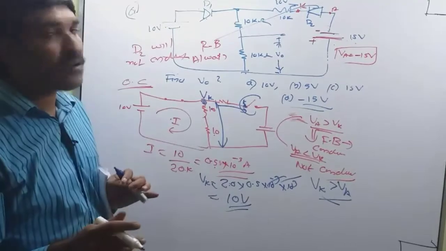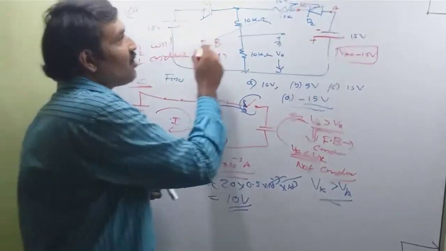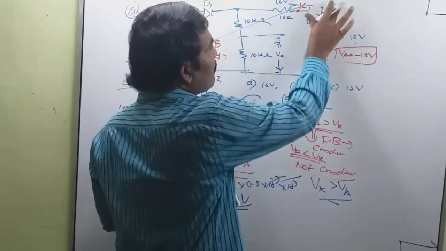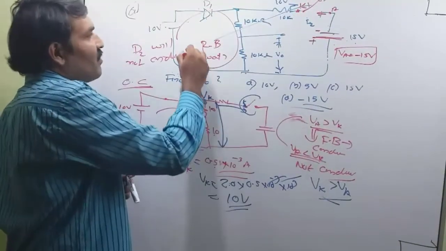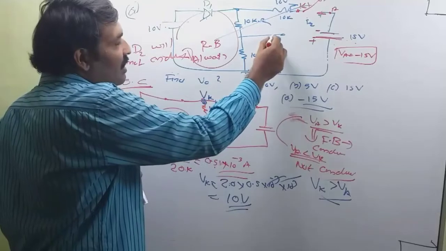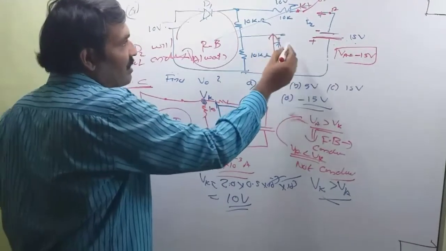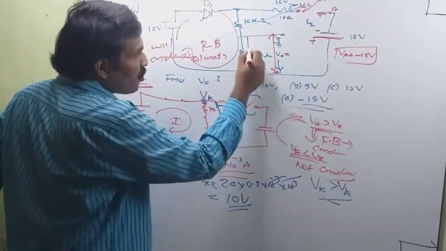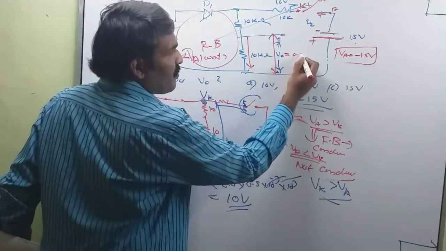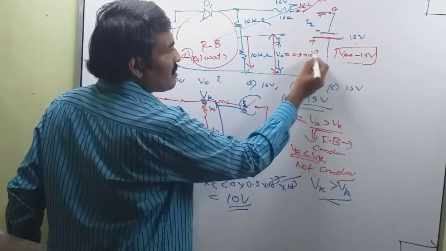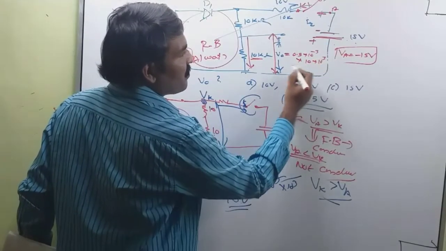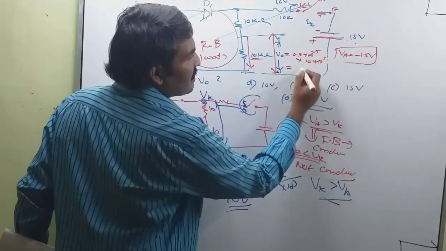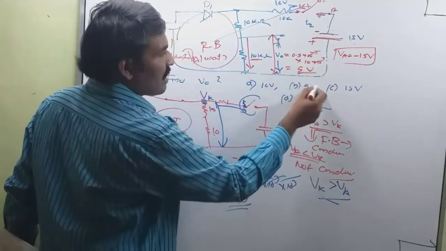In the circuit, it will always remain an open circuit. So this is the only portion of our circuit. We want to find the voltage across this element, which is the current through this, 0.5 into 10 raised to minus 3, into this resistance, that is 10 into 10 raised to 3. So that is equal to 5 volt. So the answer is B.